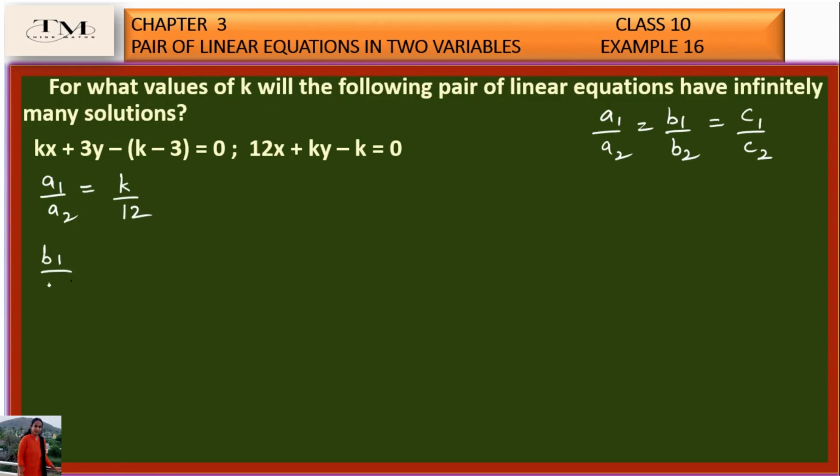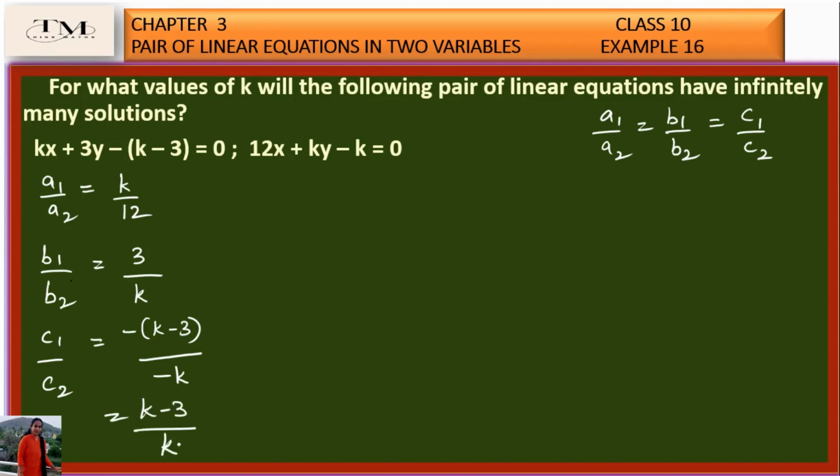Next B1 by B2: B1 is 3, B2 is K. And C1 by C2: here C1 is minus K minus 3 and C2 is minus K. Both the negatives get cancelled, which will be equal to K minus 3 divided by K. So these are the conditions.